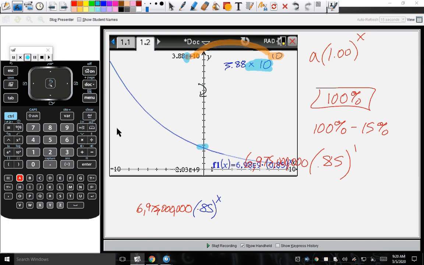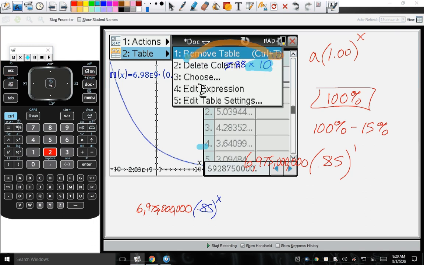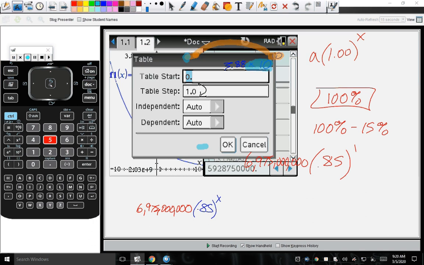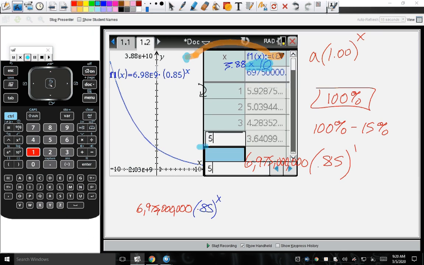So from here I can press Control T for a table. From here I can press Menu, Table, Edit Table Settings, and I can say the input, the independent variable x input, let's change it to ask. And it almost is going to be like we've done before when I saved and stored the function. And I could put 0, 1, 2, 3, 4, 5, 6, 7, 8, so on and so forth.